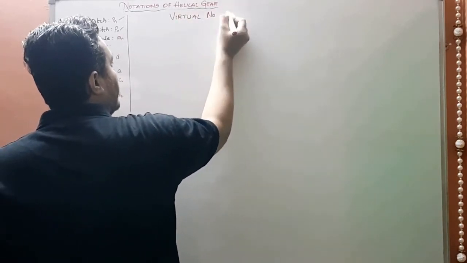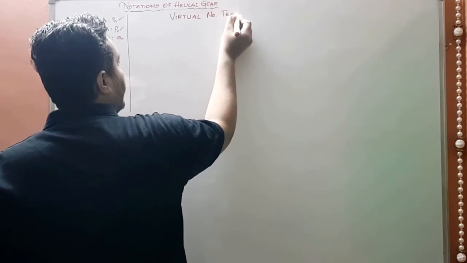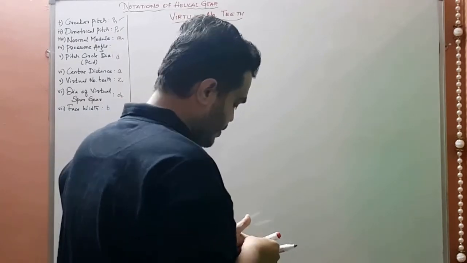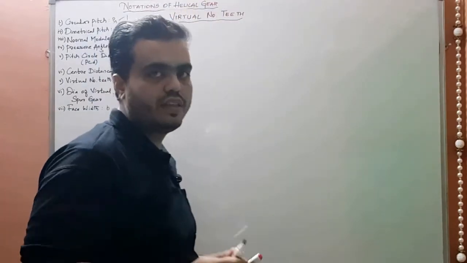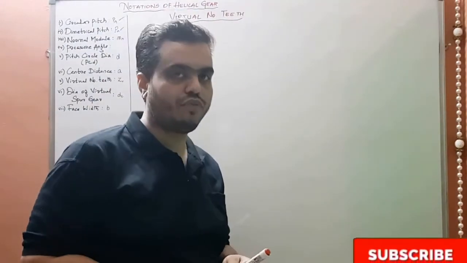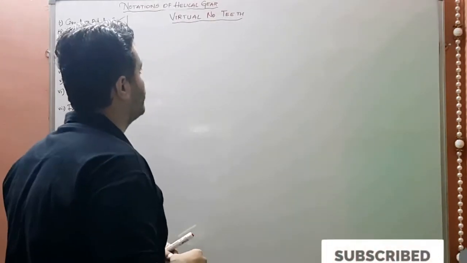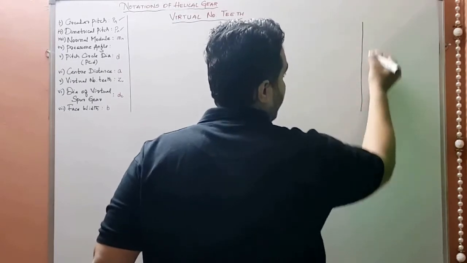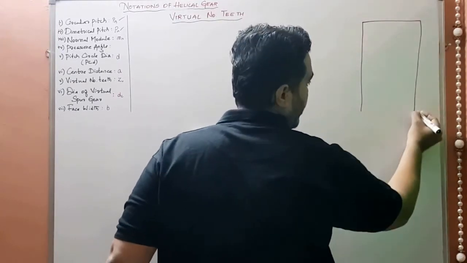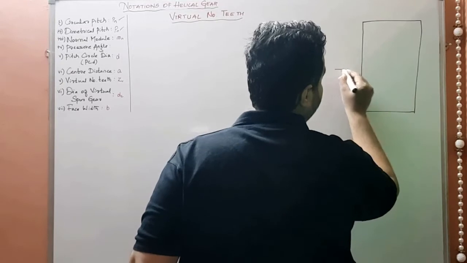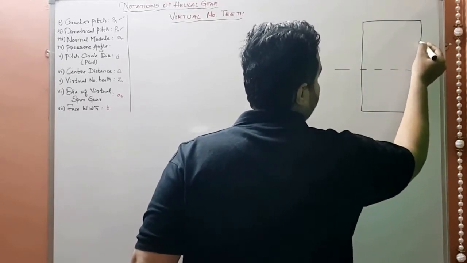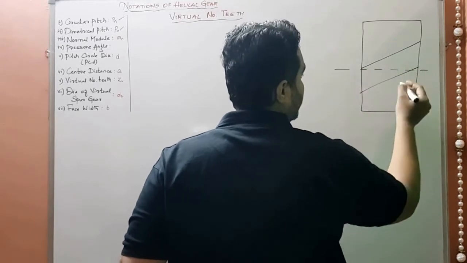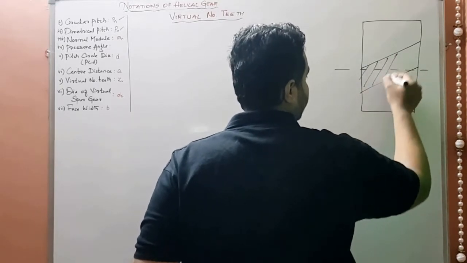Virtual number of teeth is nothing but an imaginary number of teeth. To find out this virtual number of teeth, I am drawing one helical tooth. Consider this is a tooth, right?